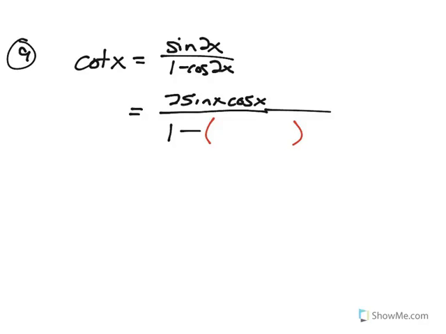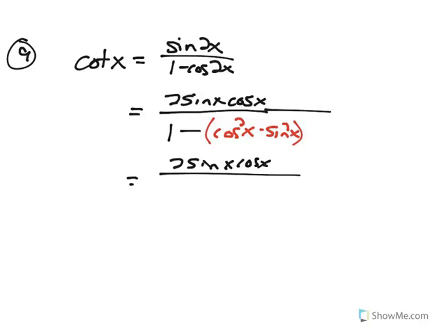That becomes cosine squared of x minus sine squared of x. If I get rid of my parentheses by distributing the subtract, I get 1 minus cosine squared of x plus sine squared of x.